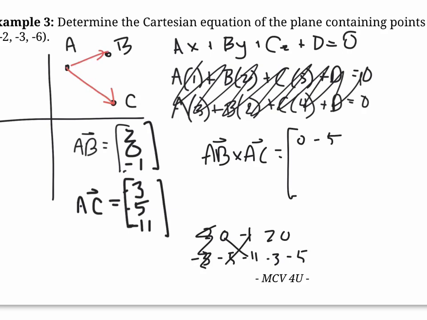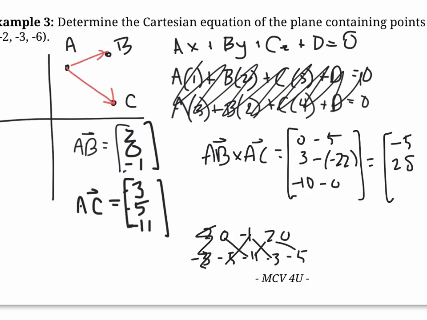And then negative 1 times negative 3, which is 3, minus negative 22. And then negative 10 minus 0. And that gives us a cross product of negative 5, negative 3 plus 22, which is 28, and then negative 10.